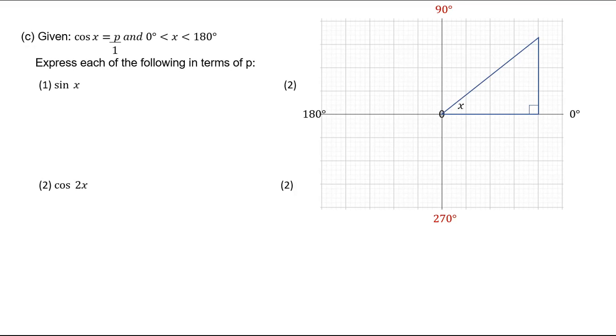All right. Now that tells me that adjacent to x, I've got p. The side adjacent to x will be p, and the hypotenuse, which is opposite 90 degrees, will be 1.